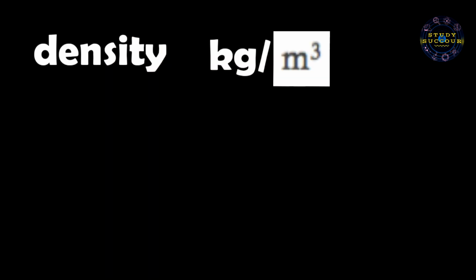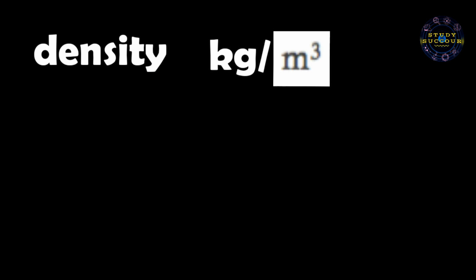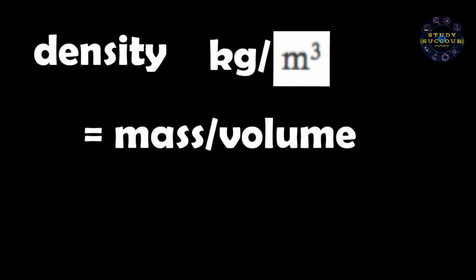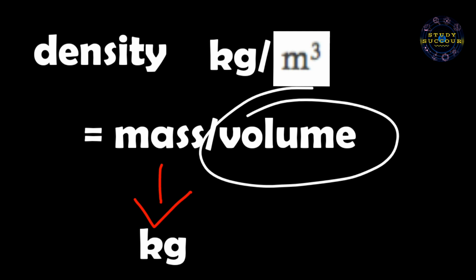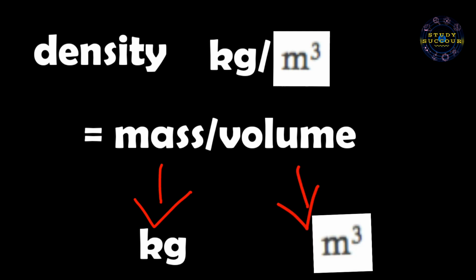Suppose density, whose unit is kg per meter cube, which is a derived unit. Now density is obtained from mass by volume, where mass has a fundamental unit kg and volume has a derived unit m cube. Now this m cube is obtained from fundamental unit m, that is meter length.